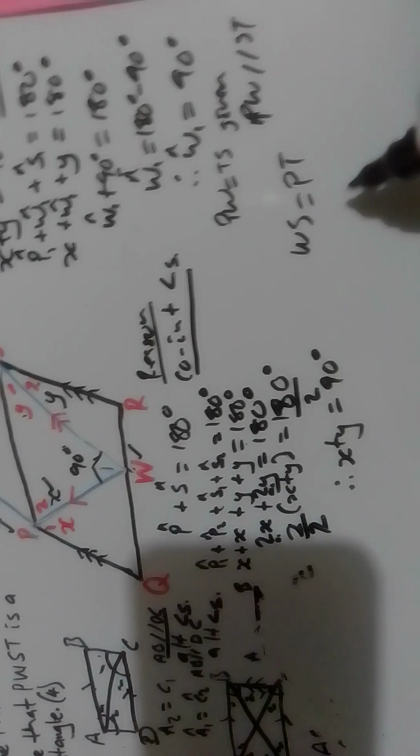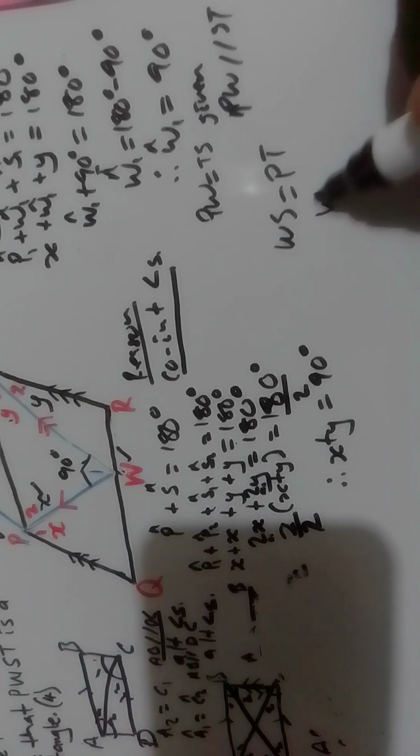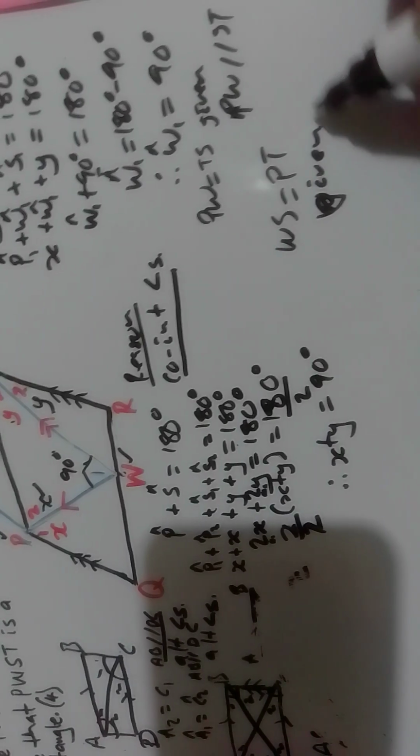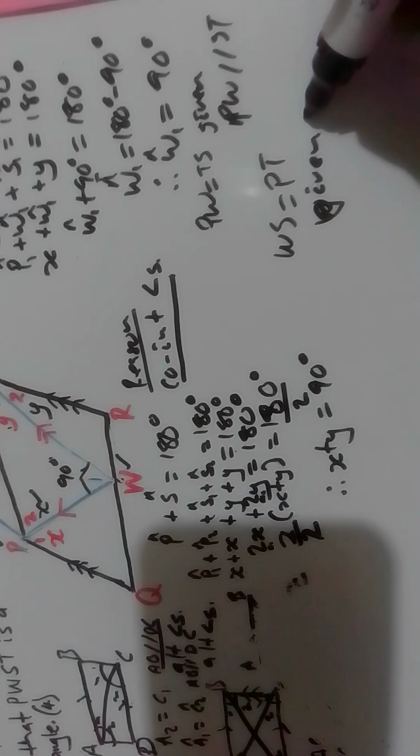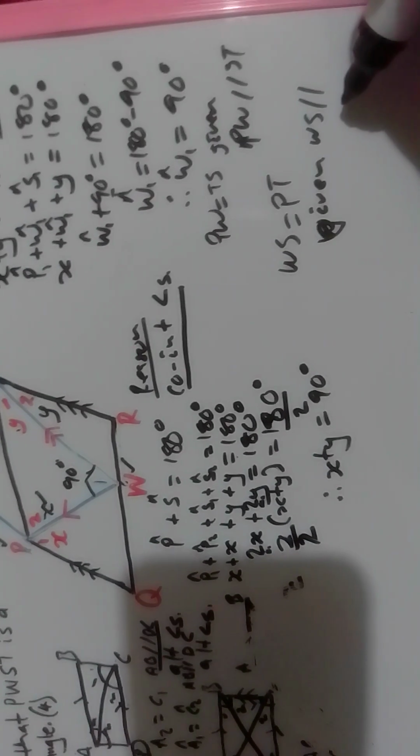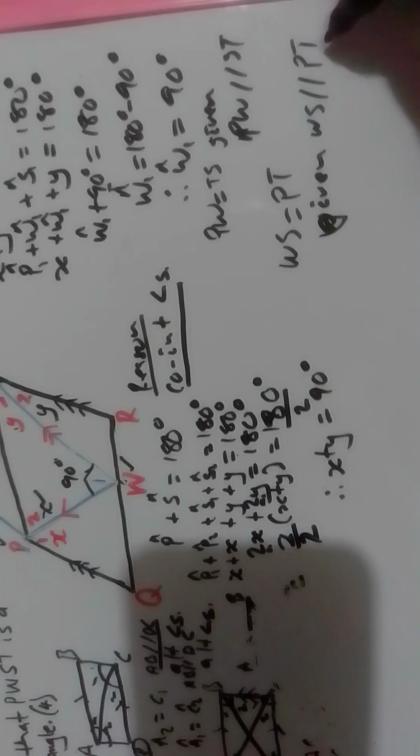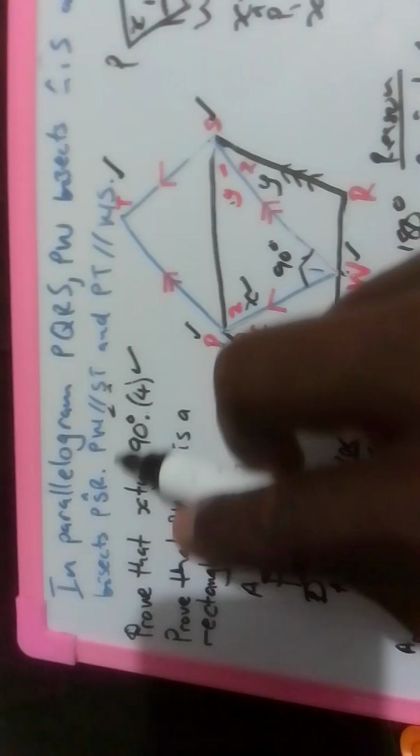And my reason is because I was told that WS, so I say given that WS is parallel to PT. It was given where? It is given here on the question.